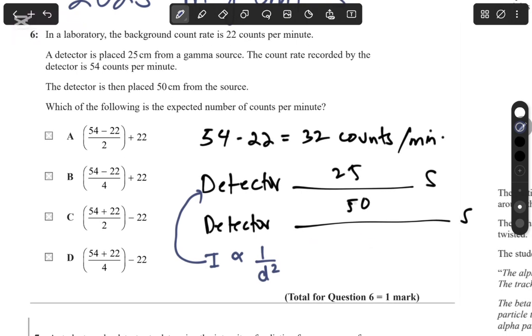Now what's happening is the d has become twice of the original value. So I new is directly proportional to 1 by 2d squared. So it's going to become I is directly proportional to 1 by 4d squared.